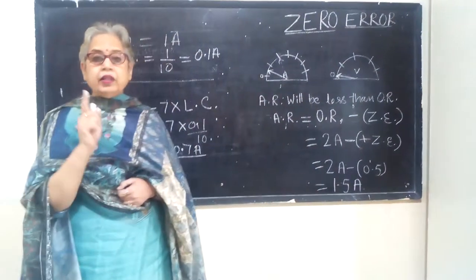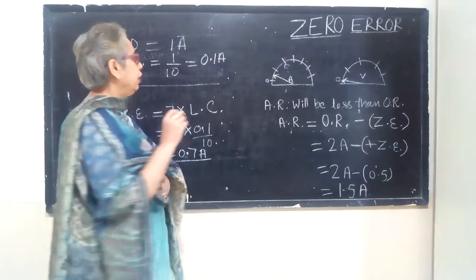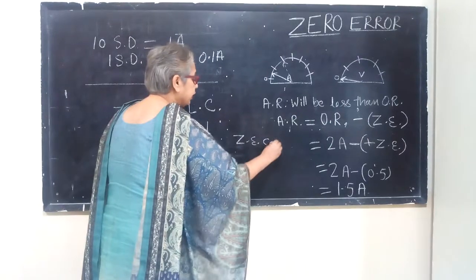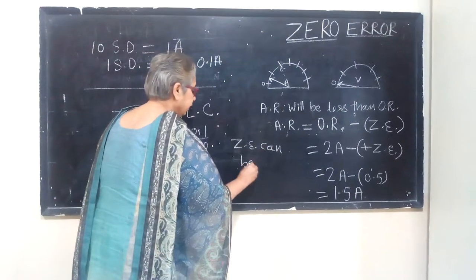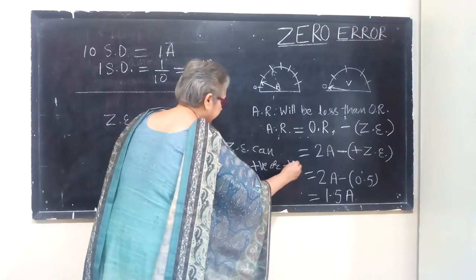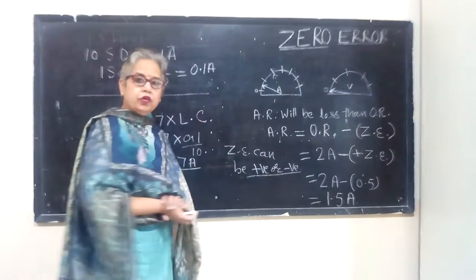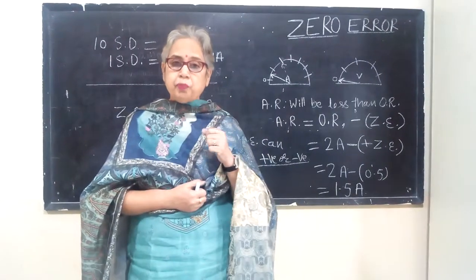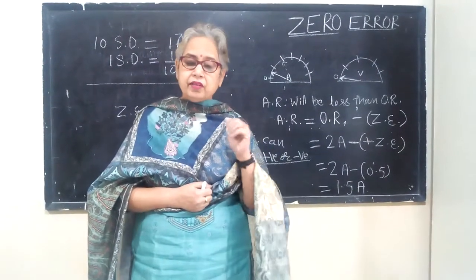Now here one thing more is to be taken into consideration, that is zero error can be positive or negative. Okay. Now how to find whether the zero error is positive or negative?